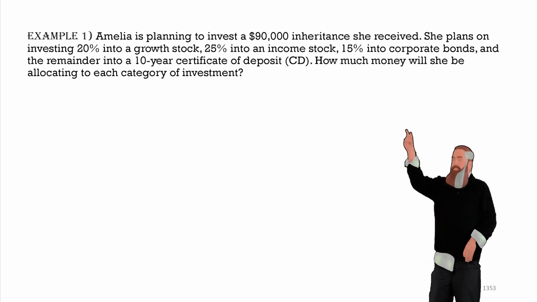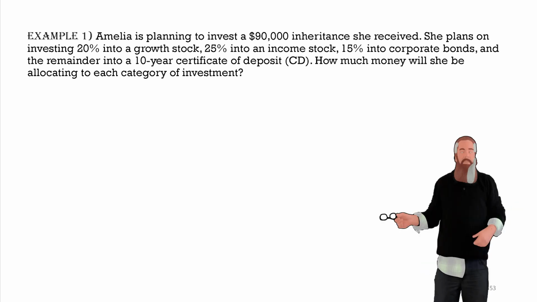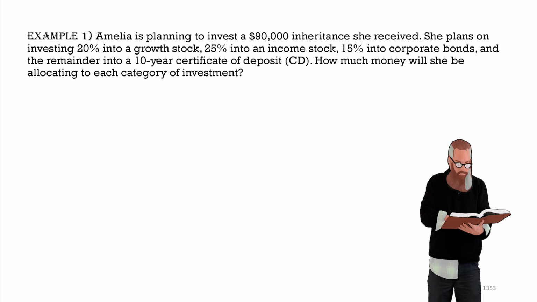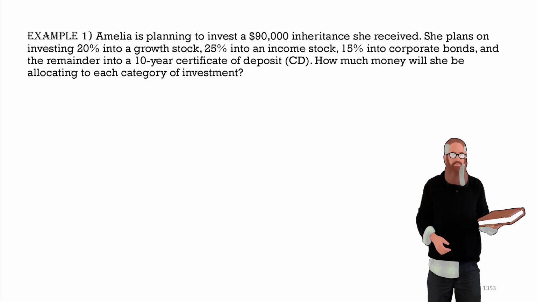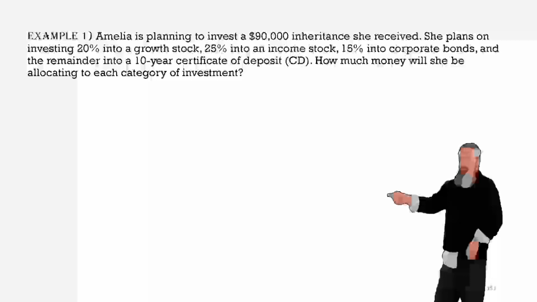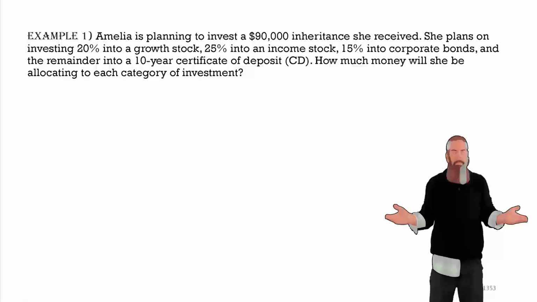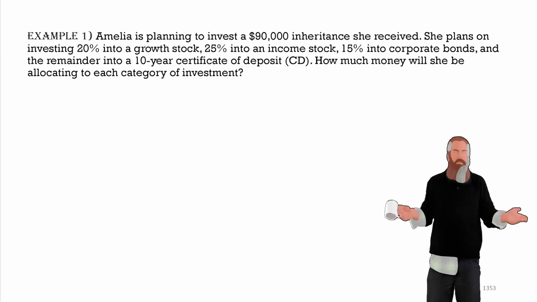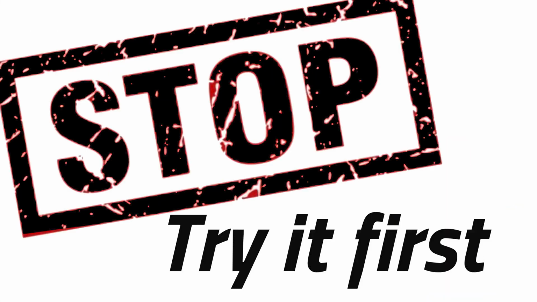Let's take a look at Amelia, who is planning to invest $90,000 of inheritance that she received. She plans on investing 20% into a growth stock, 25% into an income stock, 15% into corporate bonds, and the remainder into a 10-year certificate of deposit, or CD. How much will she be allocating to each category of her investments?